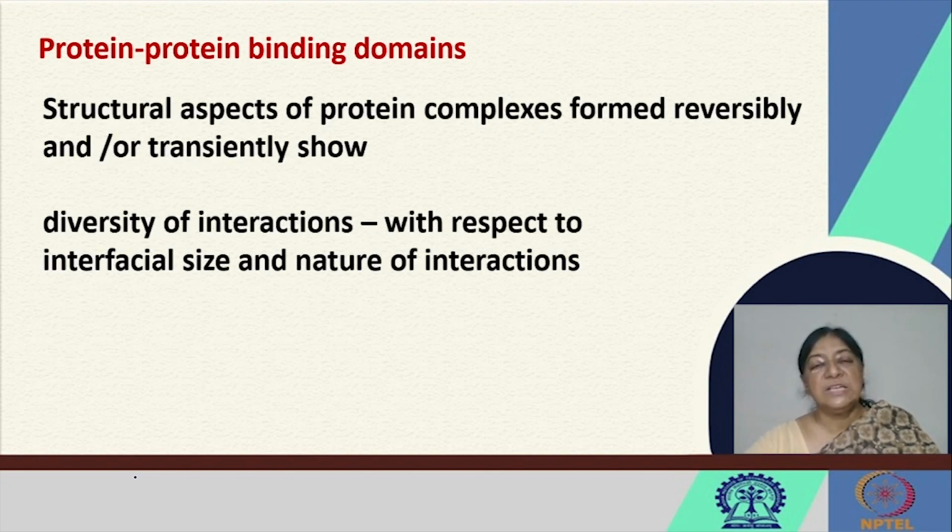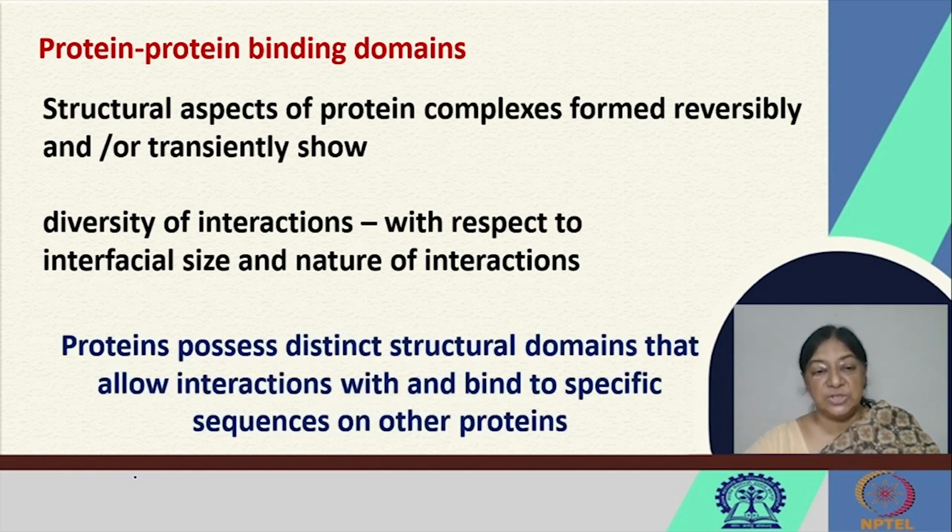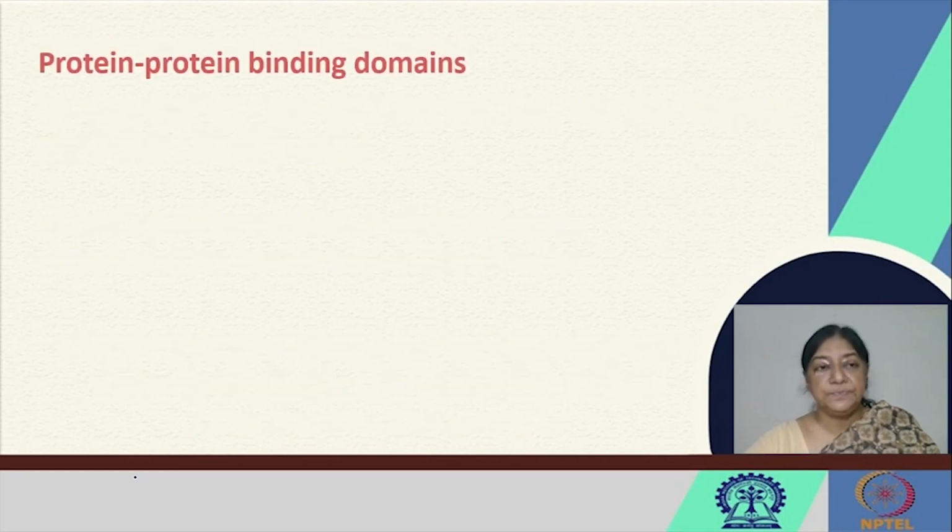The protein complexes formed reversibly or even transiently show a diversity of interactions with respect to the interfacial size as well as the nature of the interactions. So they possess distinct structural domains that allow interactions with specific sequences of other proteins.